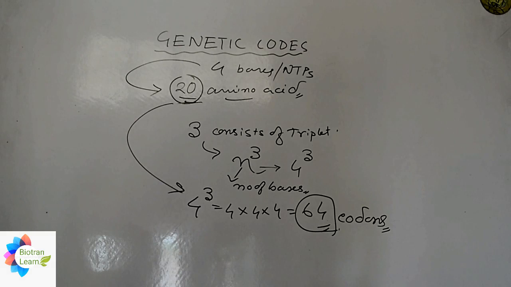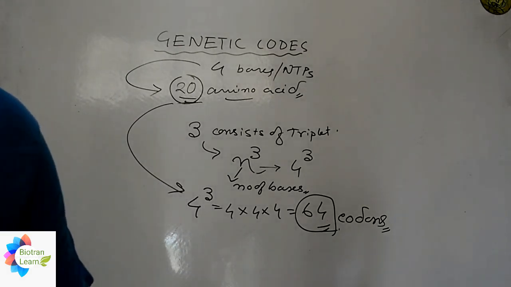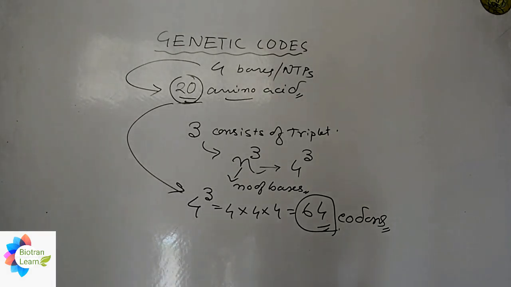Now there could be multiple codons for a single amino acid, so it will lead to code degeneracy, right? But in certain cases there is ambiguity. So let's take a look at how a particular codon looks.